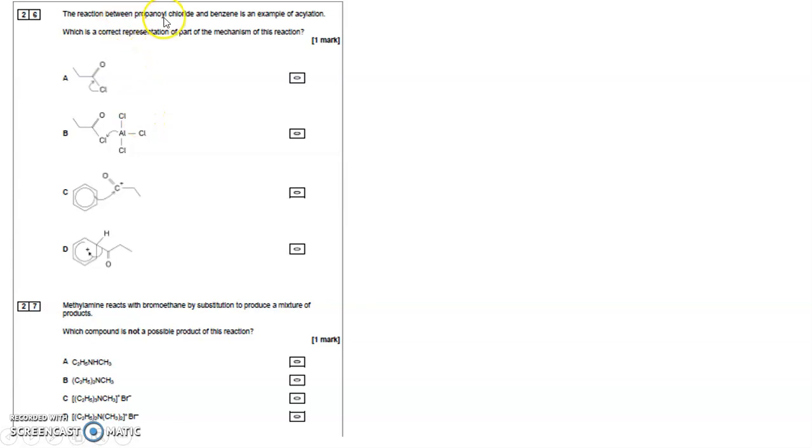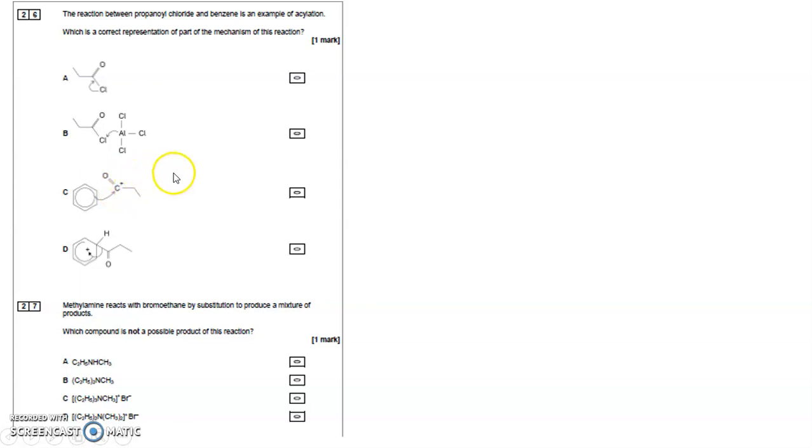Here, the reaction between propanoyl chloride and benzene is an example of acylation. Which is a correct representation of part of the mechanism of this reaction? I've got some horror stories going on here. My answer is C. So what I've got is propanoyl chloride, CH3CH2COCl. I've reacted it with the aluminium trichloride, AlCl3.